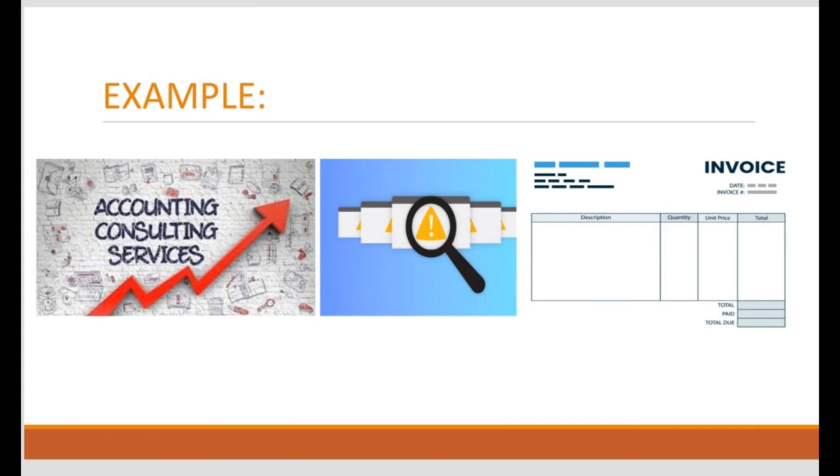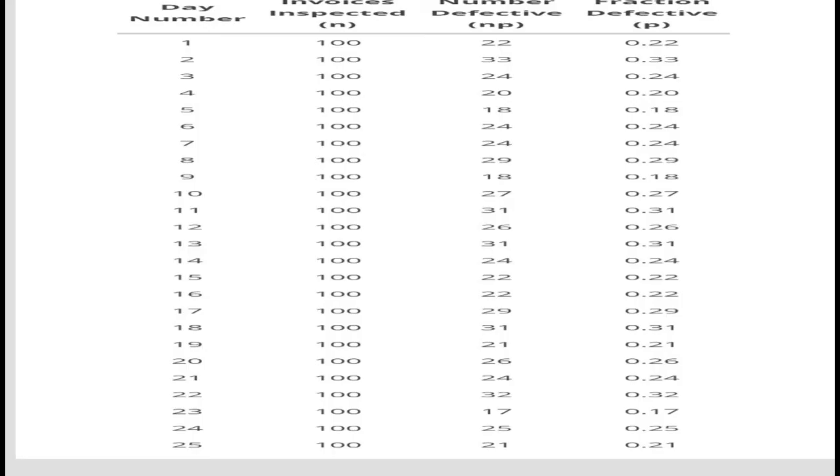The team decided to pull a random sample of 100 invoices per day. If an invoice had one or more errors, it was defective. The data from the last 25 days are given in the table, and the invoices inspected per day are 100.